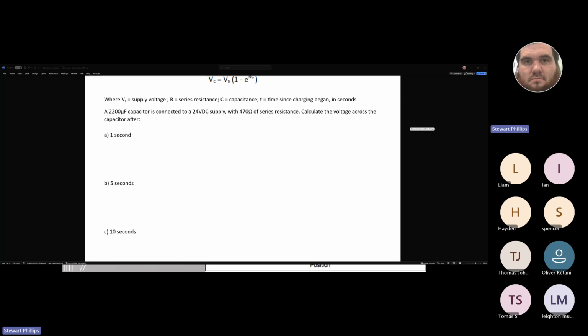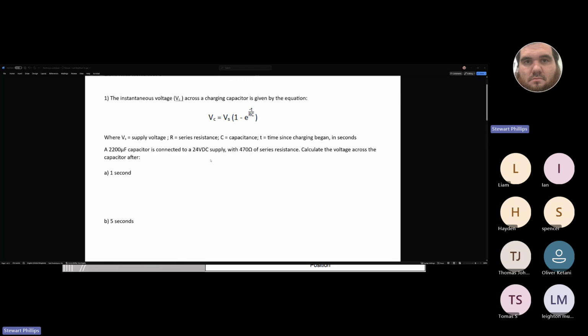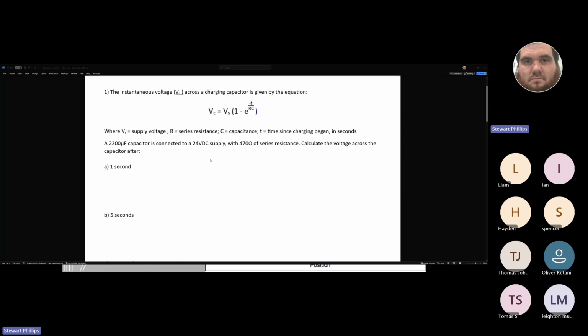It's not exponential, I'm pretty sure it's an inverse charge characteristic. It charges really quickly at the start and then slows down as it gets towards full charge. That is common with capacitors. It's the same with discharging. If we were to go backwards, if it was discharging, it would be the same.